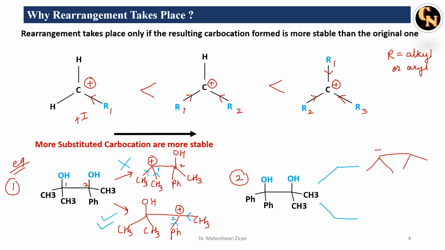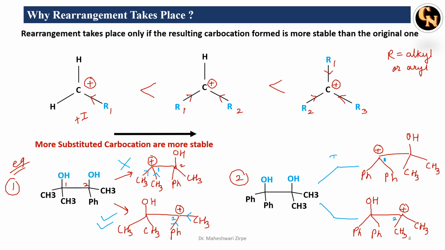If the first carbon is forming a carbocation, then there are phenyl groups, Ph, Ph, then here it is CH3, CH3 and OH on the second carbon. Now if it follows the second path, then we will have the carbocation here, CH3, CH3, Ph, Ph and OH. So the carbocation has formed on the second carbon. Here the carbocation has formed on the first carbon.